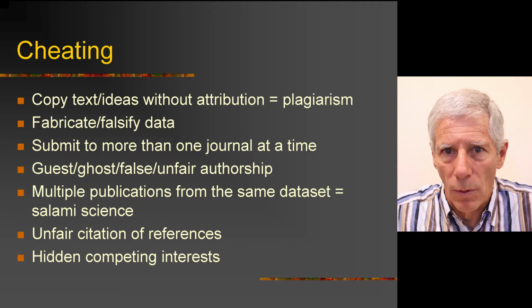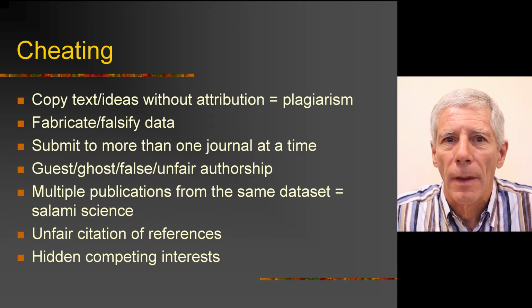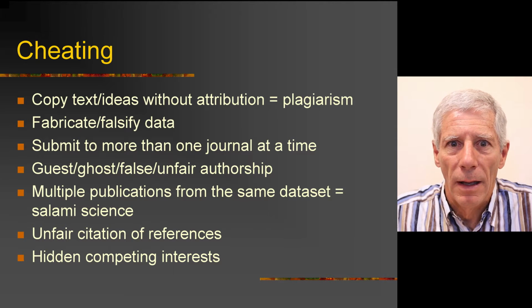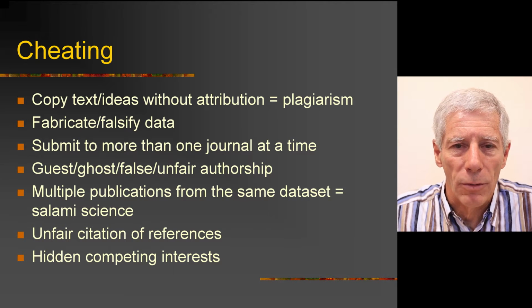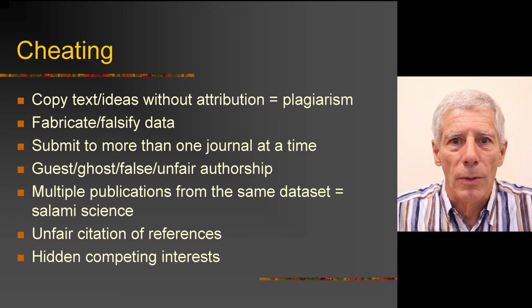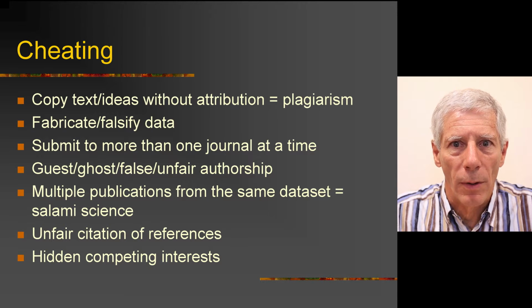You can't submit to more than one journal at a time. You can't use ghost authorship, where you bring in somebody who's an expert in writing and their name is not on the authorship list. Everyone should take responsibility for their contribution to an article. You're also not allowed to do multiple articles off the same data set making the same point.